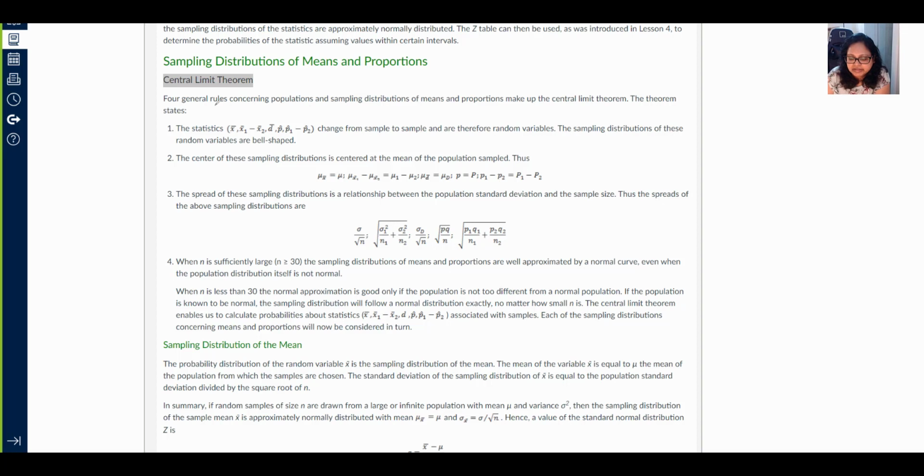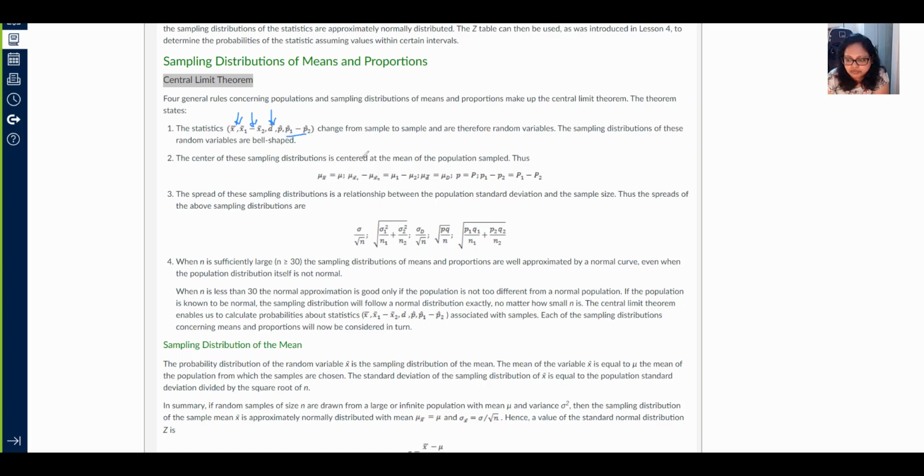So using that theorem, we can actually try to find, let's say, a sample mean, or a difference between two sample means, or a difference between proportions.